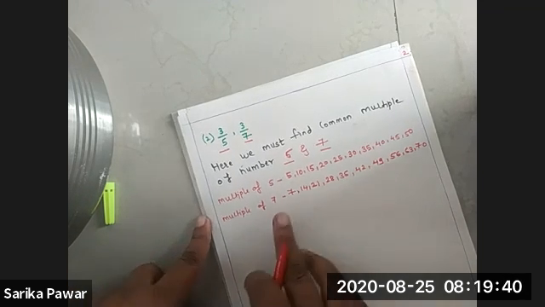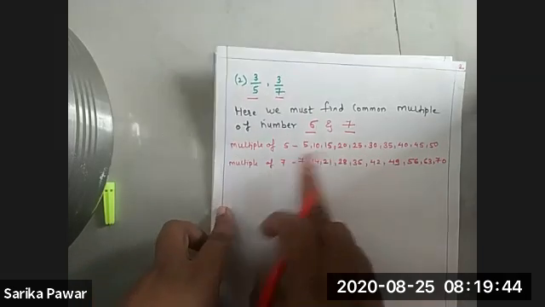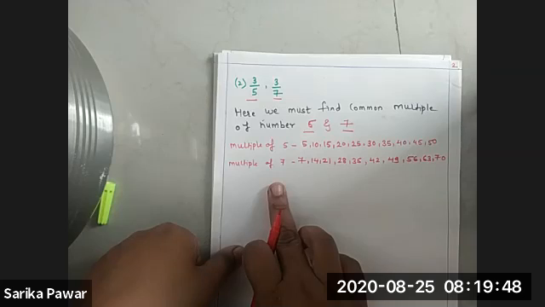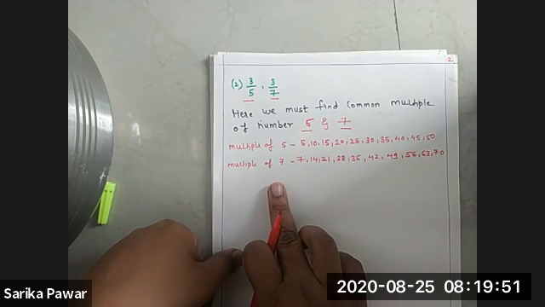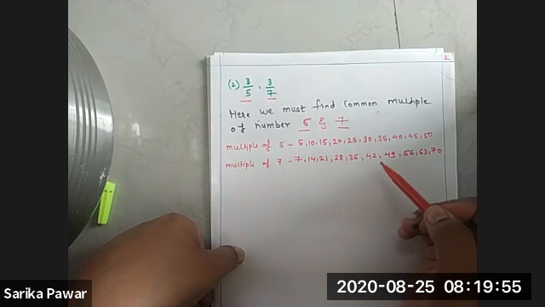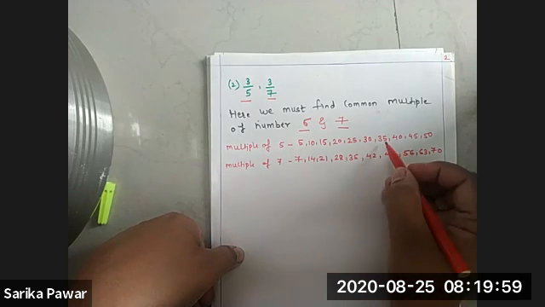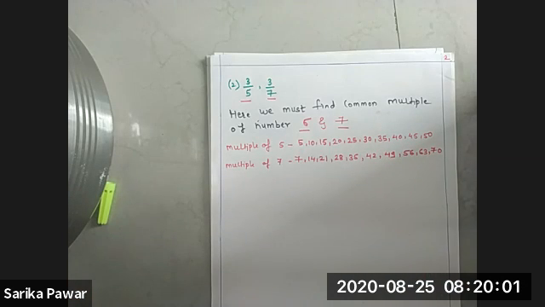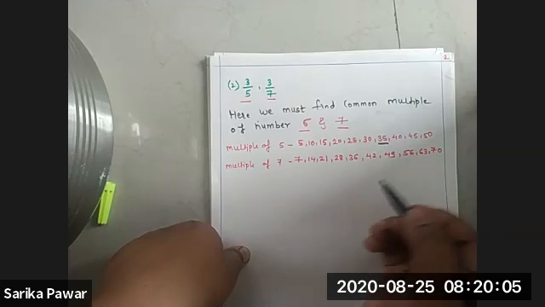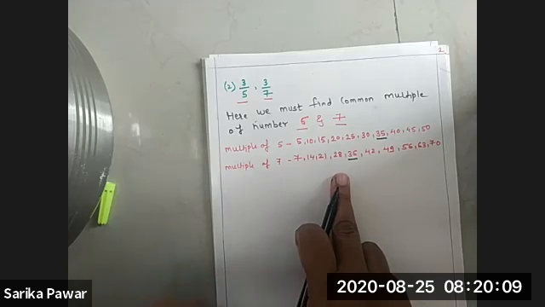See here, I wrote both the tables, multiples of 5 and also multiples of 7. Now what we have to do? We have to find the common multiple. So find out the common multiples. 35. 35 is the common multiple.